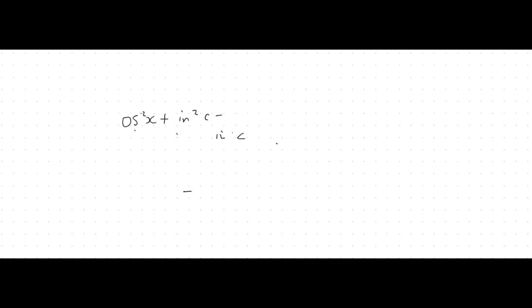Okay, so now let's go ahead and solve the proving of the left-hand side with the right-hand side.